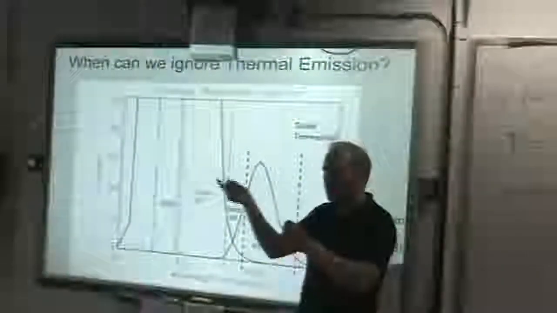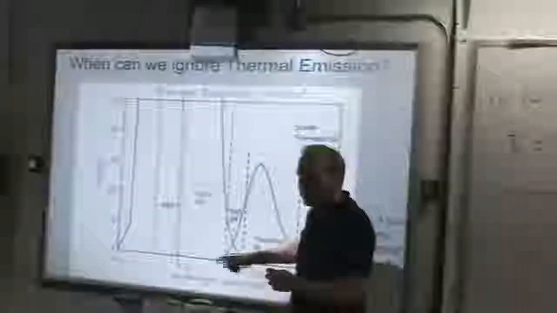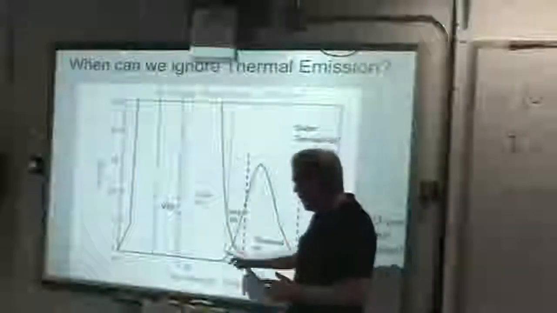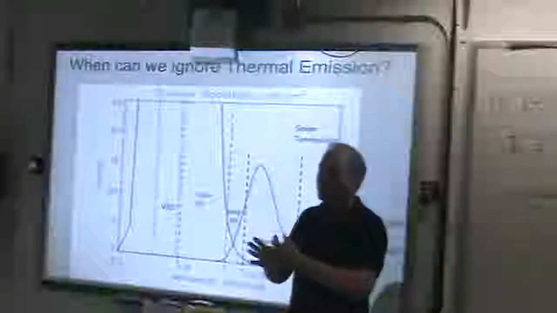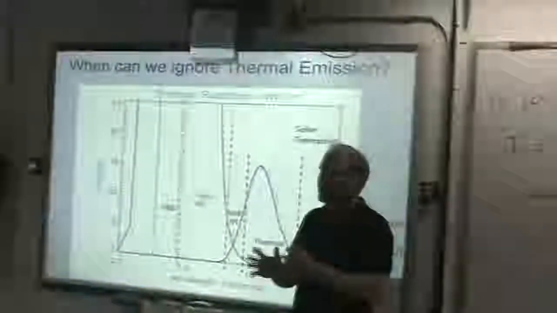They would both emit, but those are reflecting. There's a little bit of solar radiation left there that can be reflected. So if you're looking at a wavelength there, you might think it's both emission and reflection, so you have to know one or the other.